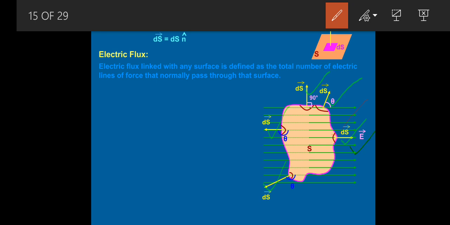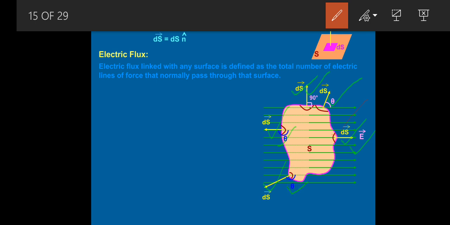At this position, the angle between area and electric field is 0 degree, here it is theta, and at this position the angle between area vector and electric field is 90 degrees. At this position, the angle between ds and electric field will be 180 degrees, here 180 degrees, and here again some angle.